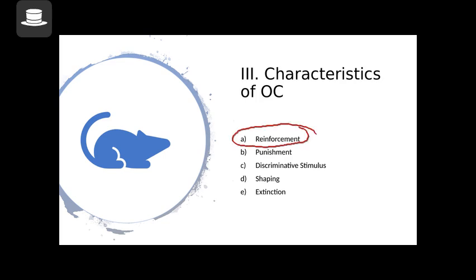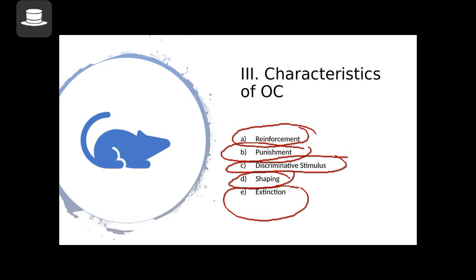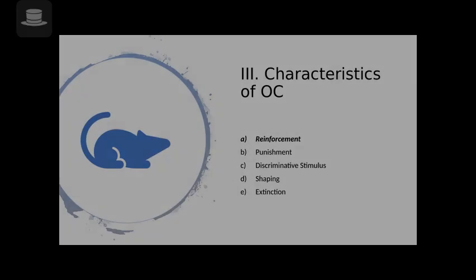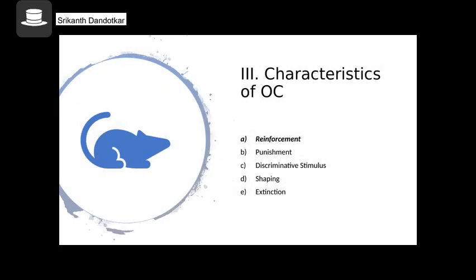First, we'll talk about reinforcement, then we'll talk about punishment. That'll get us to the discriminative stimulus, followed by shaping, and finally extinction. Let's talk about reinforcement first.